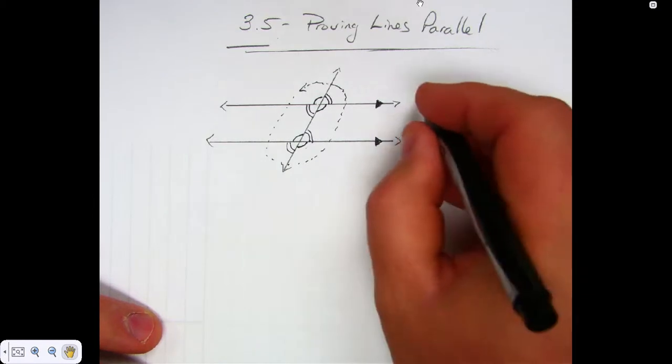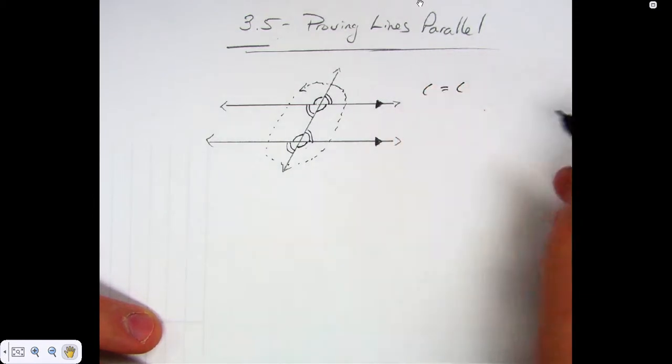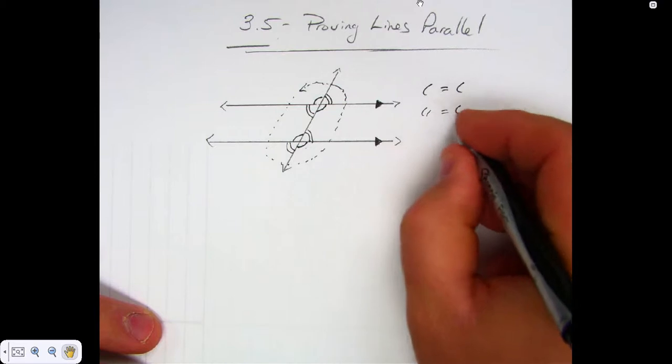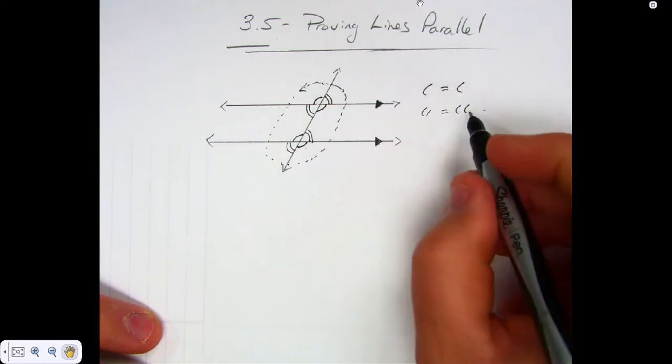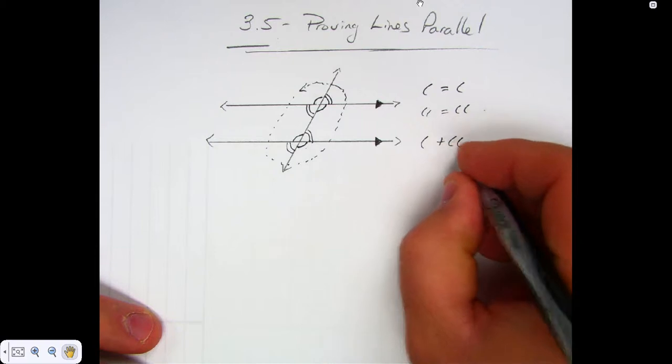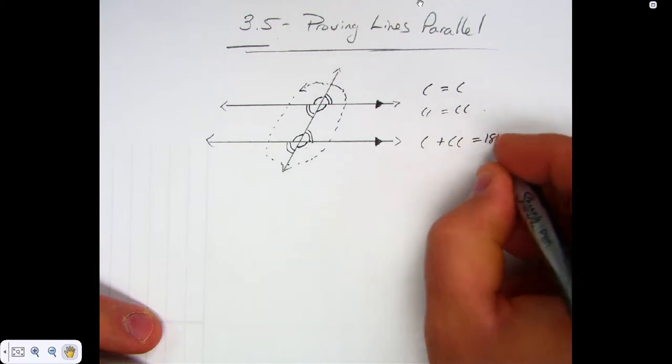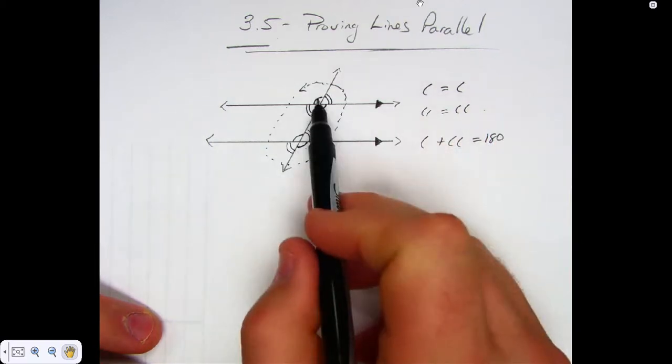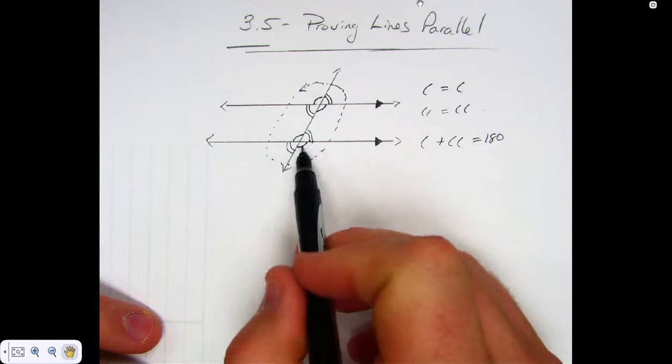Of course, the marks are equal to each other, right? I know that looks weird writing it like that. And if they're different marks, what do they add to? 180. Because this represents that this is congruent to this, congruent to this, congruent to this.